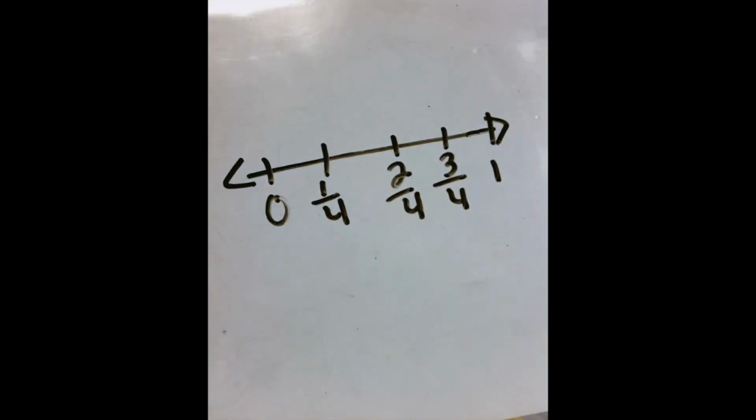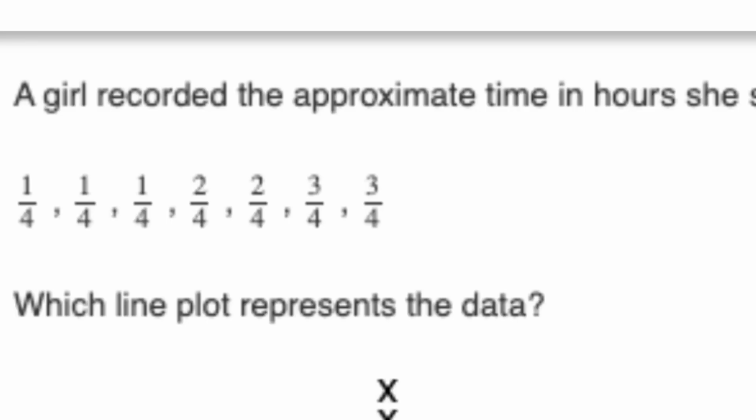So what I recommend you do is go ahead and draw this out, look at the number of students and the information that it gives you, the 1/4, 1/4, 1/4, 2/4, 2/4, 3/4, 3/4. Go ahead and make your line plot and then look at the answer choices.